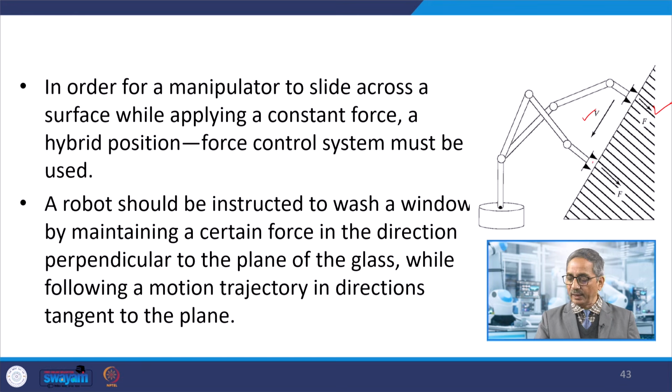An example could be washing a window. When a robot is washing a window, naturally we need a certain force in the direction perpendicular to the plane of the glass while following the motion trajectory in the direction tangent to the plane.